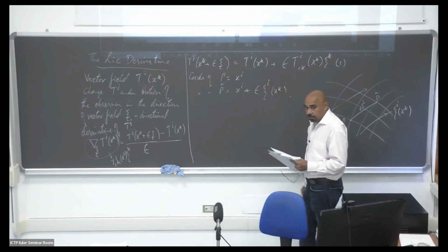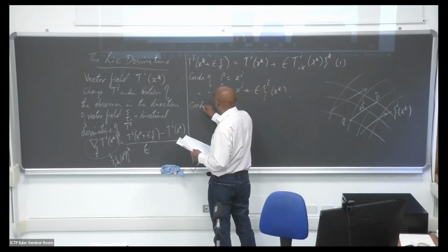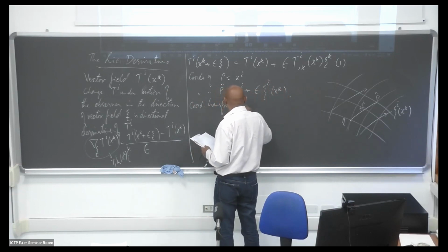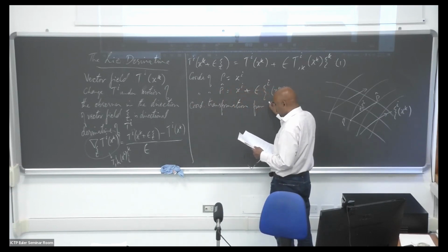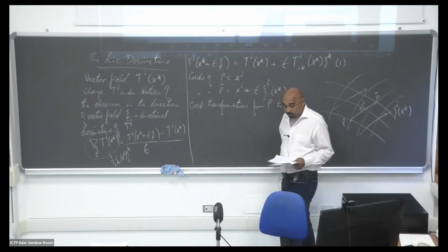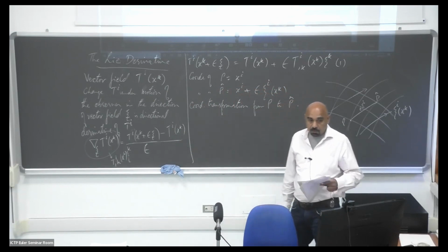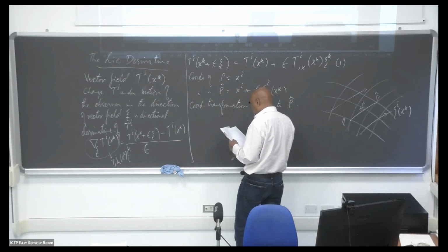And this is the coordinate transformation from P to P hat. So this coordinate transformation will involve an object like a matrix with two indices, because we are transforming this to.